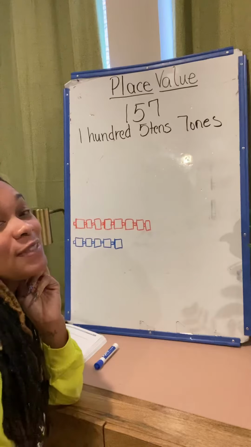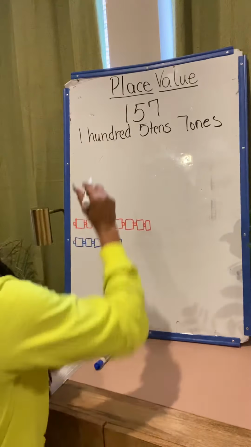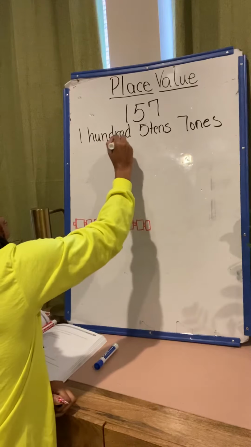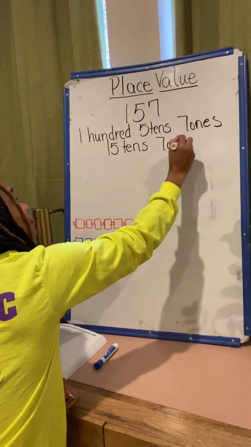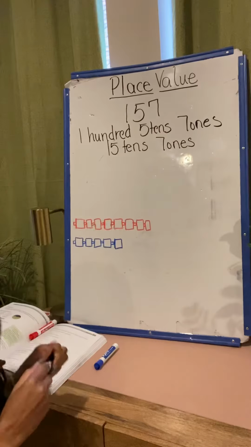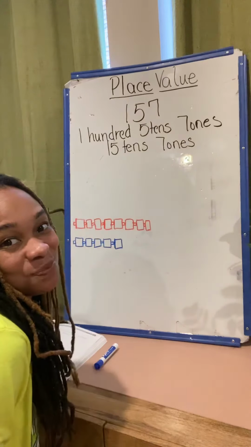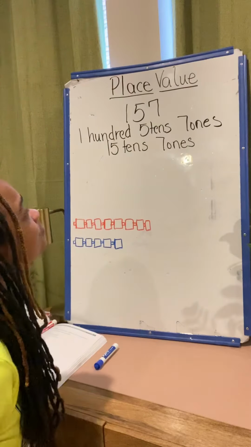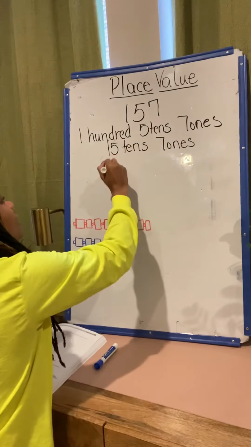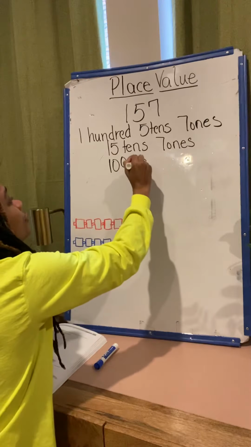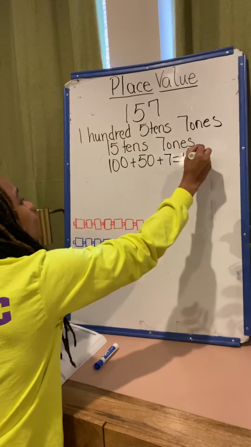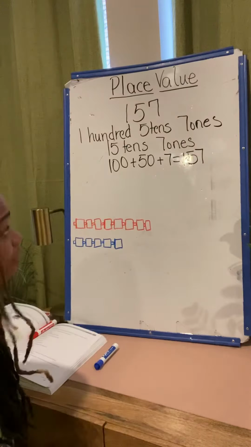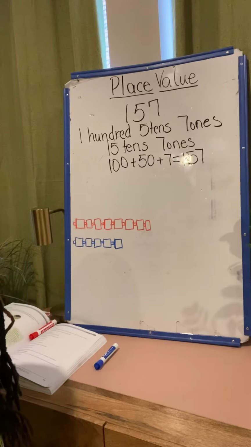Yep. 15 tens, 7 ones. Now, expanded form. Awesome. 100 plus 50 plus 7 equals 157. That is the expanded form for this number.